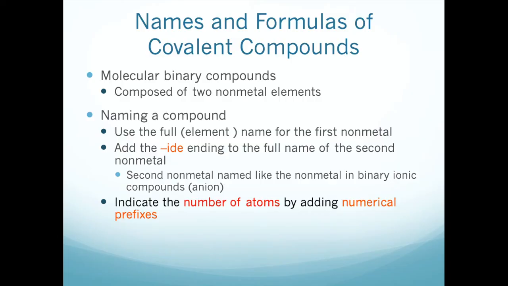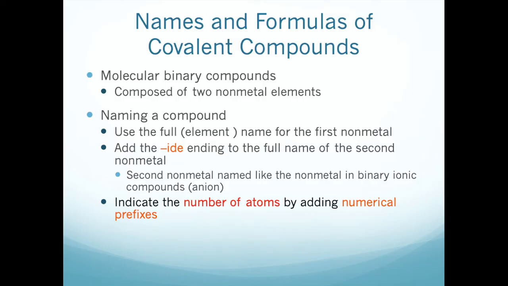Okay, so when it comes to naming covalent compounds, you're going to see some parallels here to how we named simple ionic compounds. Namely, we say the name of our first element in our compound, followed by the name of the second element with its "ide" ending. Okay, now here's where things get a little bit different.